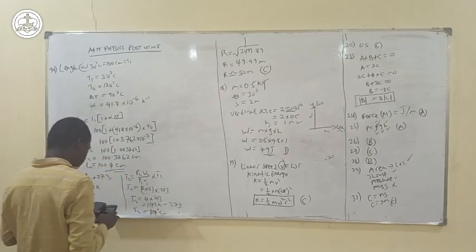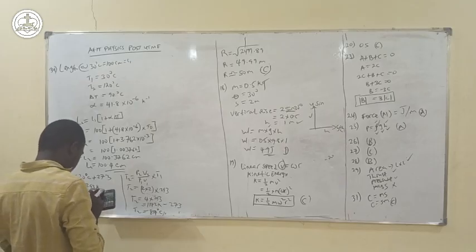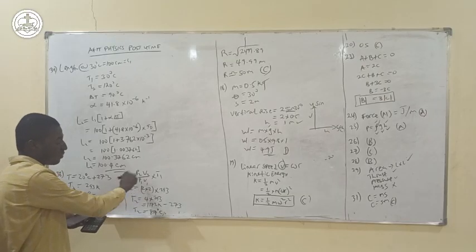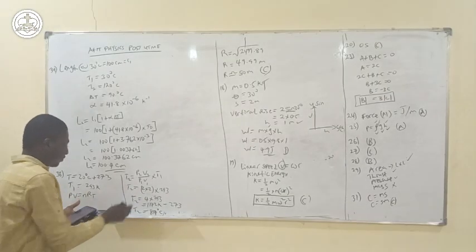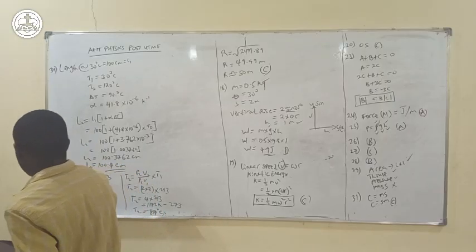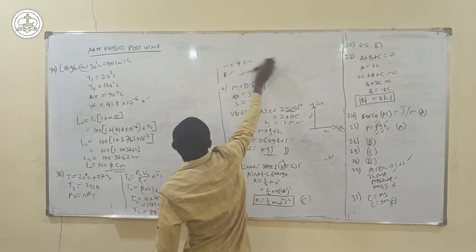That's the final answer. I think option C corresponds with our answer. Remember why we said 2 times 2, it was because both were doubled. So question 36.